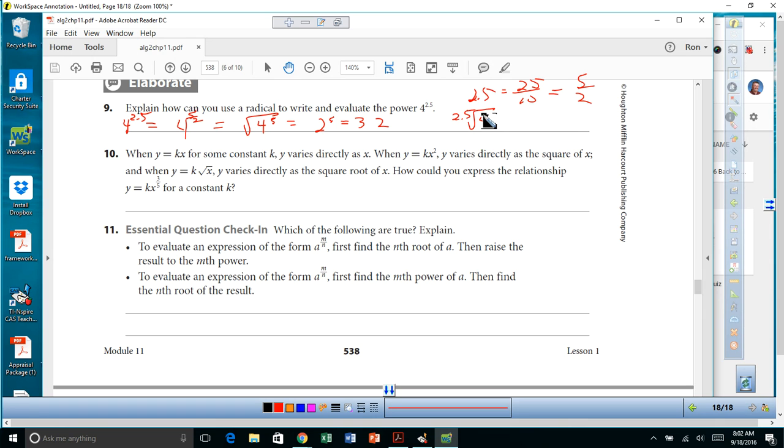When y equals kx for some constant k, y varies directly as x. When y equals kx squared, y varies directly as the square of x. And when y equals k times the square root of x, y varies directly as the square root of x. How could you express the relationship y equals kx to the 3/5 for a constant k?